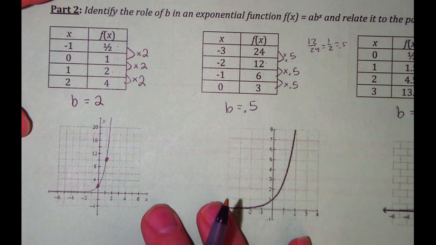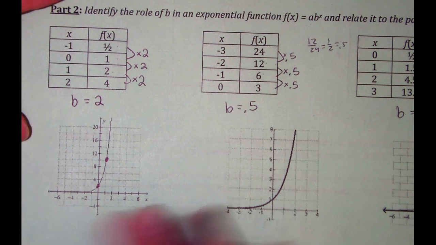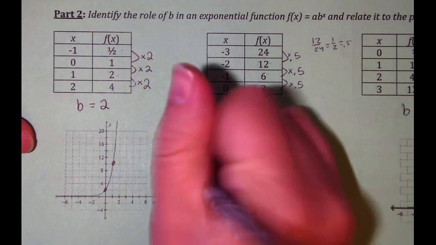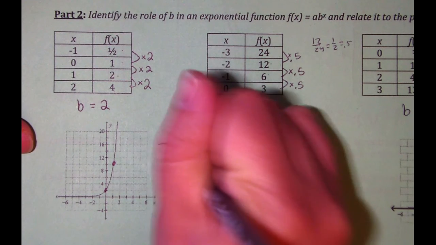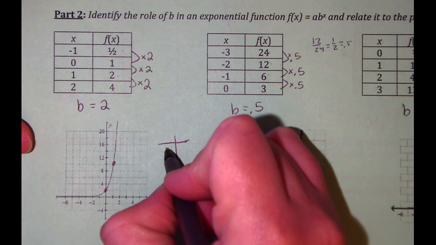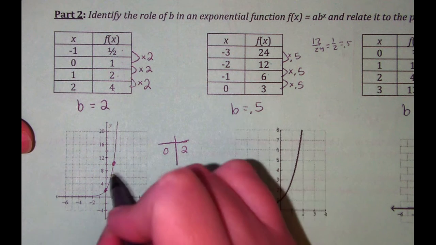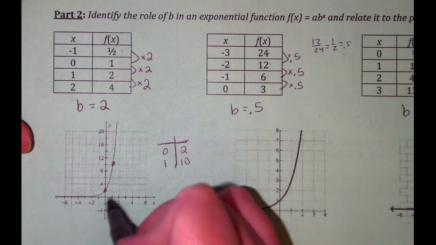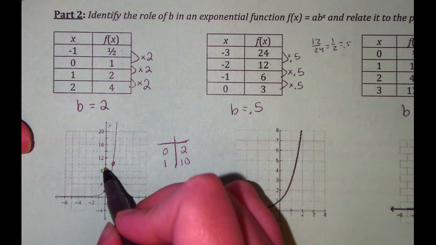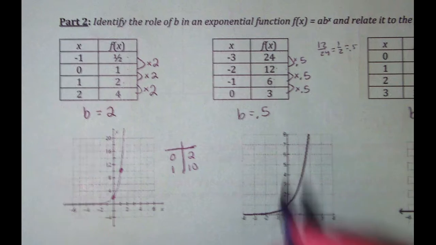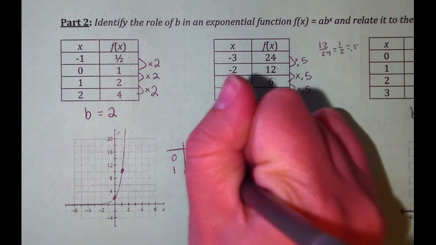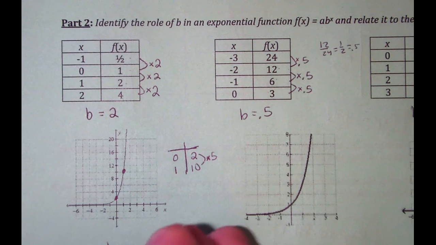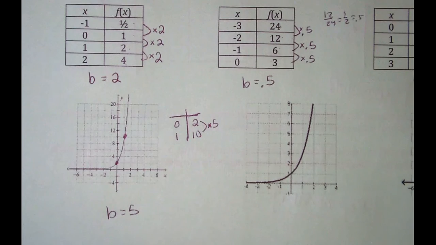But that's enough because as long as I have 2 points in a row, I know that this is exponential, so I can divide them to figure out what the common multiplier is. So I'm going to make my table with my two lonely little points at 0, 2, and 1, 10. Over 1, up 10 right there, from between 8 and 12. And 10 divided by 2 is 5. So there's a multiplier of 5, which means that b is 5 in this function.